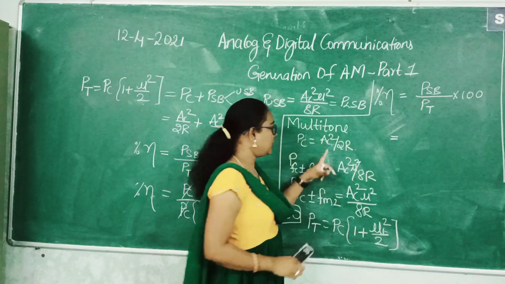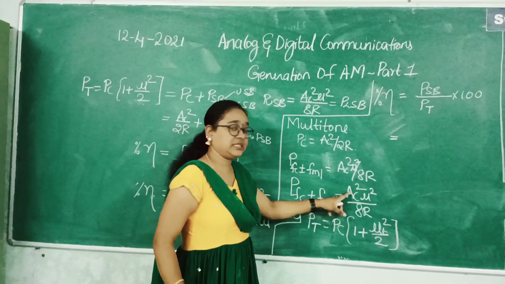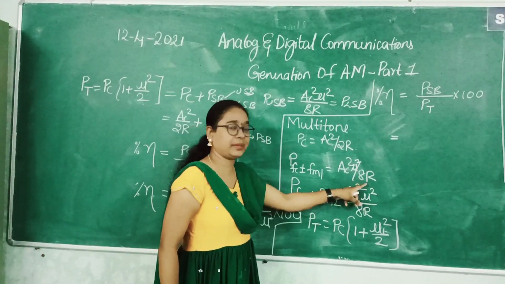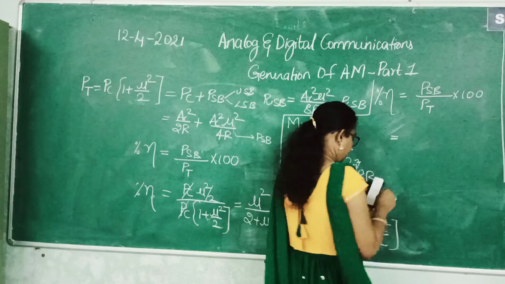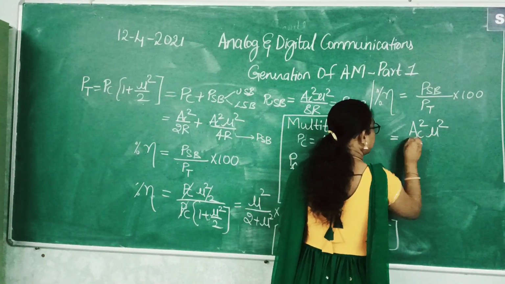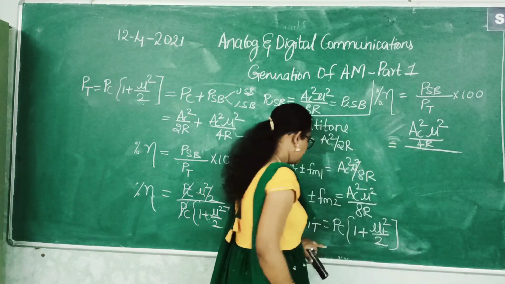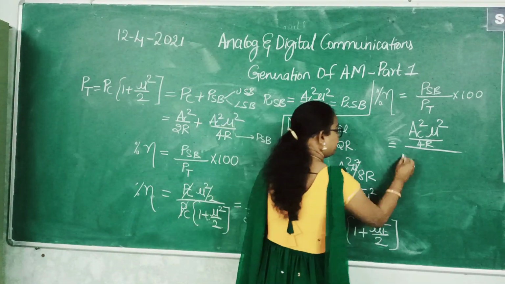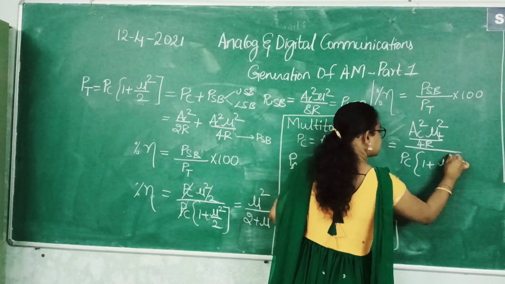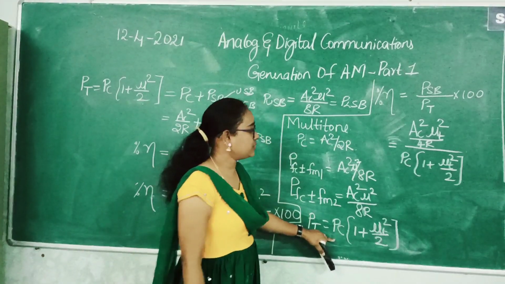The sideband power, if we add these two, Ac square mu square by 8R plus Ac square mu square by 8R, is 2 times Ac square mu square by 8R, which simply gives Ac square mu square by 4R, divided by the total power, Pc times 1 plus mu t square divided by 2.